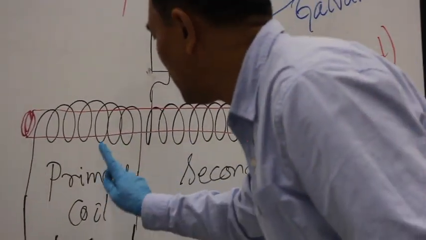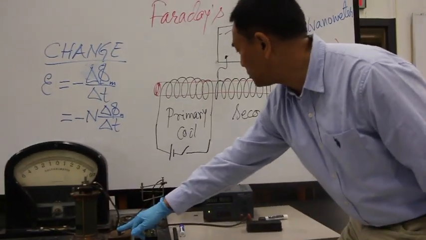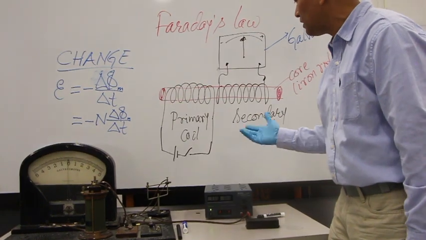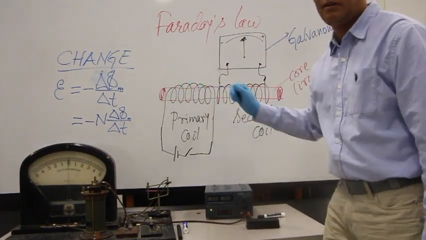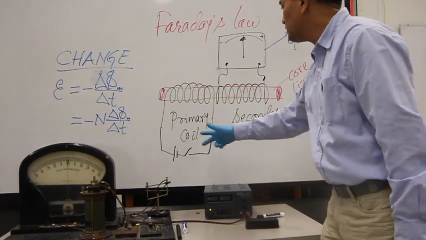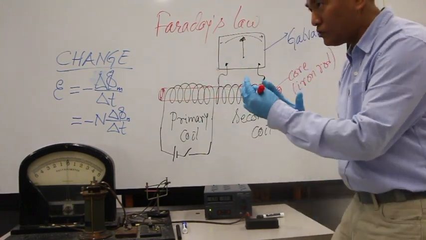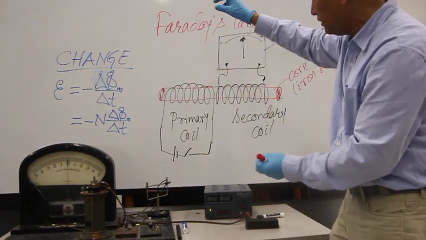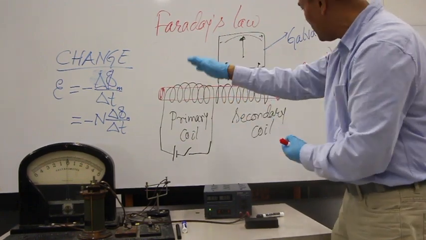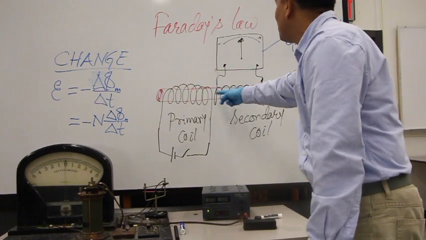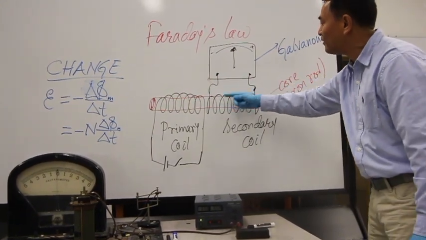As soon as I close the switch, there is a change in current from 0 to a certain value. In the same way, the magnetic field is also changing from 0 to a certain value. During that time there is a change in magnetic field in the secondary coil as well.